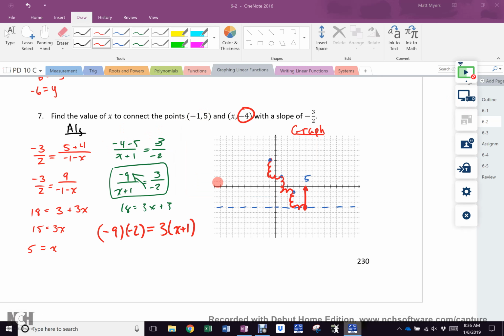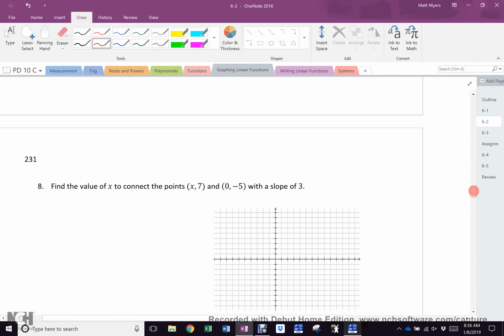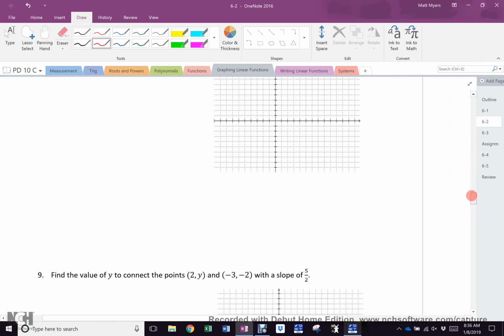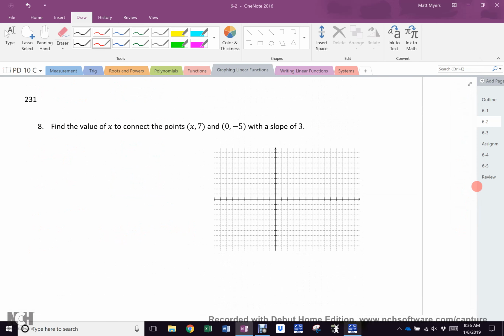Any questions? Good. There's 2 more to do. Do them. You can choose whichever way you want to do it. You can do graphically, you can do algebraically.